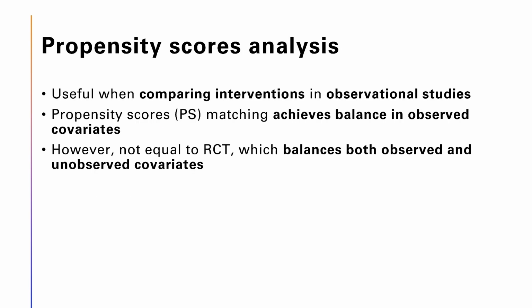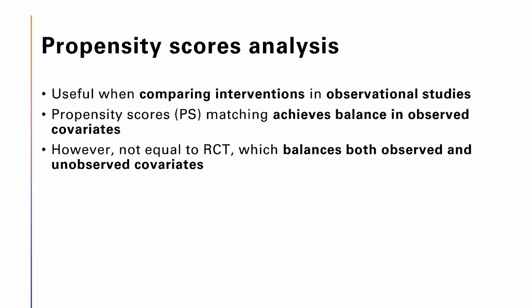So, propensity scores are especially helpful when comparing interventions in observational study. For example, in the article shown in the previous slide. This is because the use of propensity score matching helps to achieve balance in observed covariates, and it reduces the influence of confounding factor on the outcome of interest.